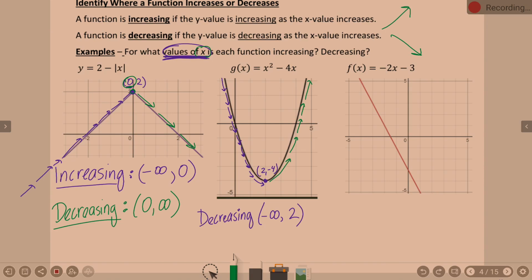So now we're going to start increasing at that same value. So we're going to increase from 2. How far? Infinitely. Yeah, you're going infinitely up and infinitely right. So there's your increasing and decreasing.